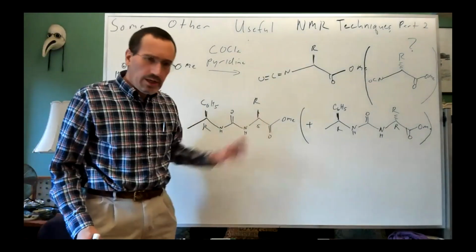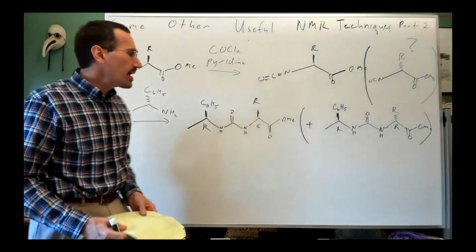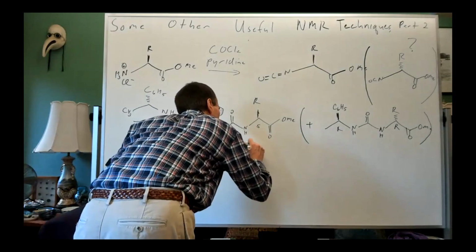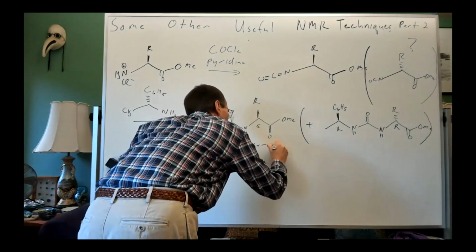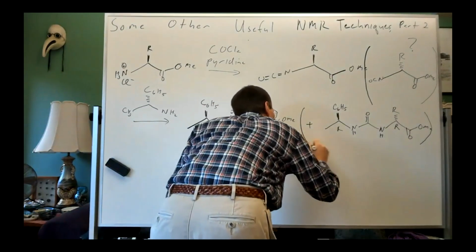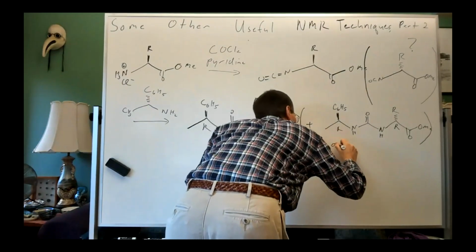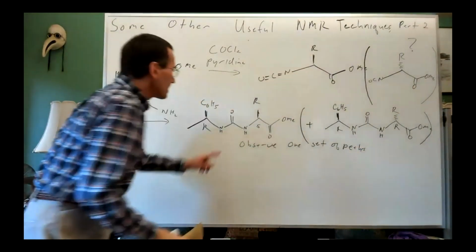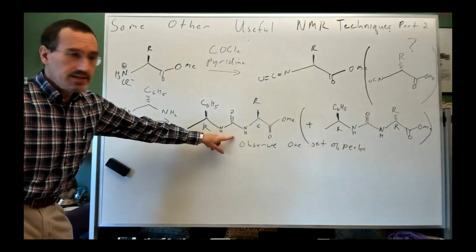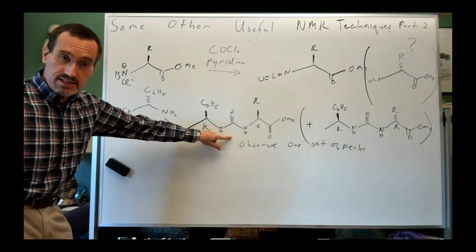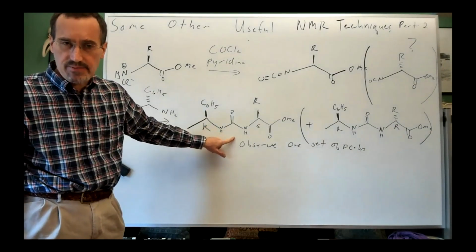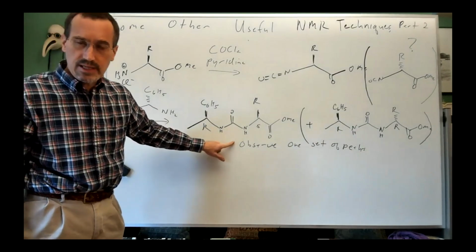So we took an NMR spectrum, and what we observe is one set of peaks. So that suggests that we had only this diastereomer, but of course it's possible for the diastereomers to be coincident.